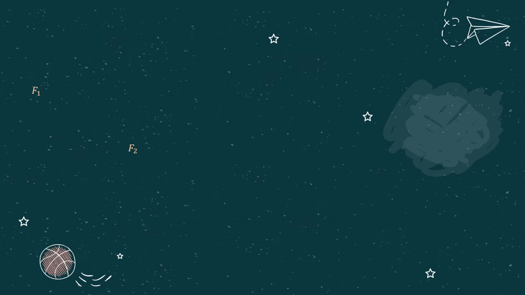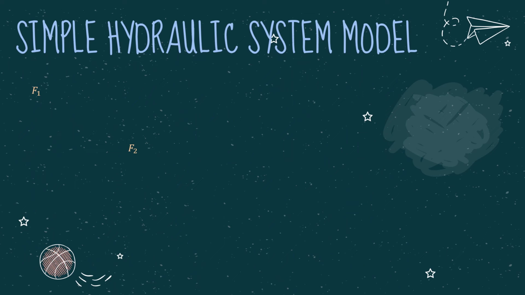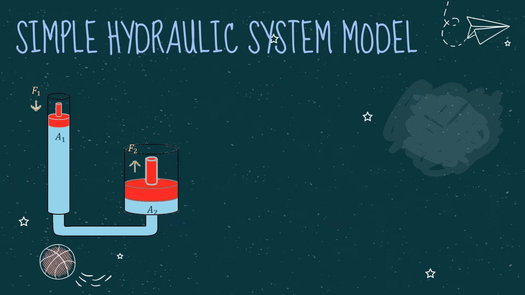Now we see a simple hydraulic system model. This picture is a simple hydraulic system model. How does this hydraulic system model work? As we can see in this picture, input force F1 is applied on the input piston.